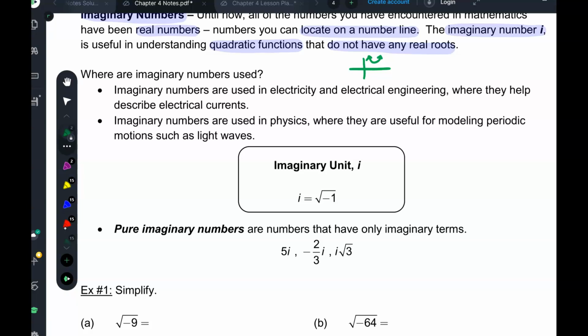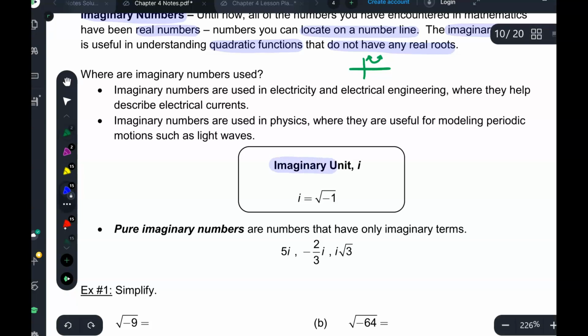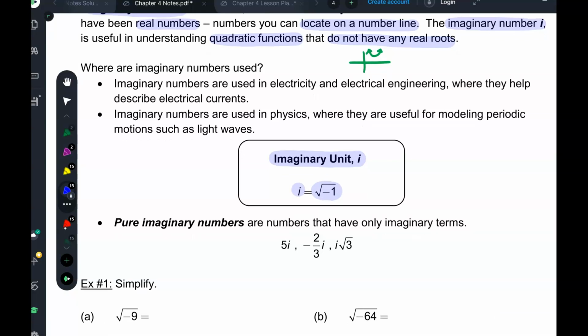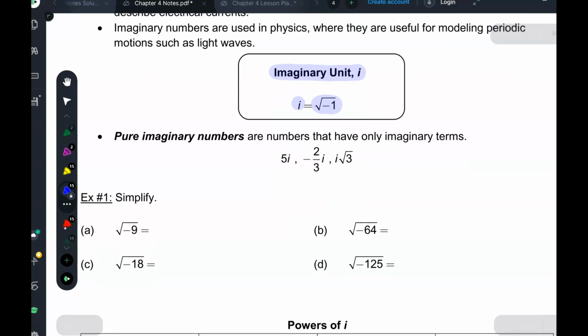Okay, so let's talk about the imaginary unit i. We use the letter i, and i is equal to the square root of -1. We can have different types of imaginary numbers. You might have what looks like a coefficient in front, like 5i.